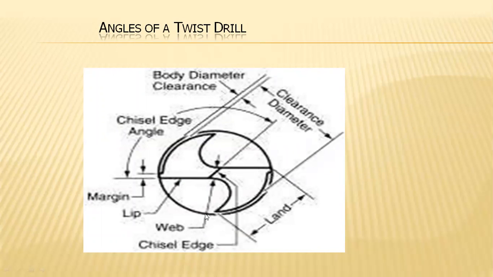There is a web or chisel edge existing over here, then the lip and removal of material from the web-based clearance system. Nominally, this is the clearance diameter with respect to the body diameter clearance. And this is the blade, which revolves at a fixed axis for material removal.